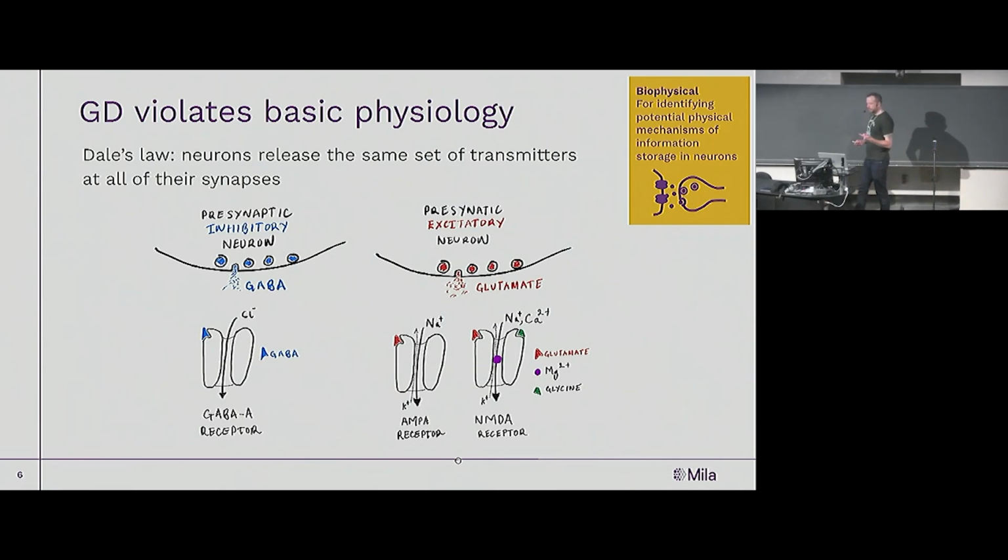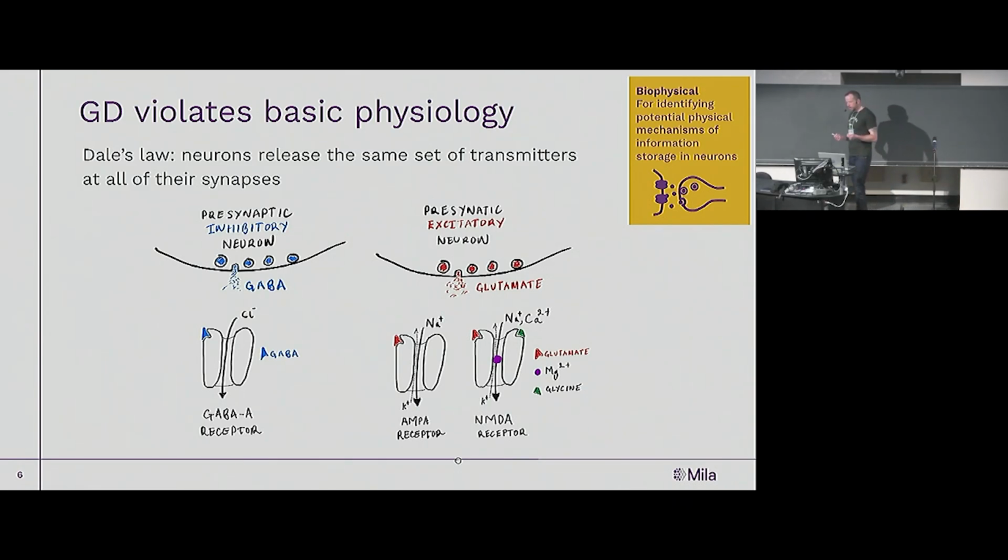And since the action of GABA at the postsynaptic receptor is generally going to be inhibitory due to the fact that it opens chloride channels, you're going to be always having an inhibitory impact on your postsynaptic partners if you're a GABAergic neuron. In contrast, if you're a glutamatergic neuron, you're going to be generally activating ion channels that allow for the passage of sodium and potassium and calcium, and as a result, you're going to have an excitatory effect.